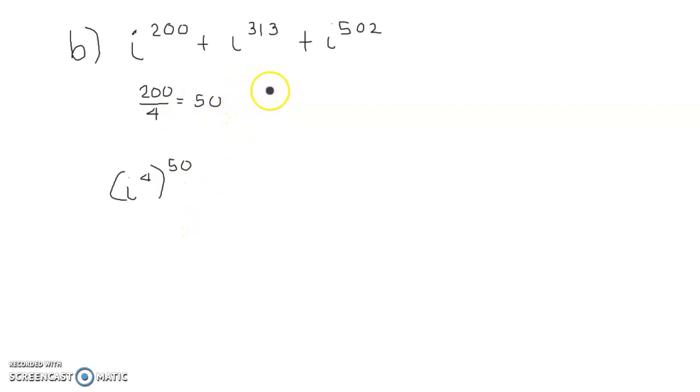How about 313? 313 divided by 4 is equivalent to 78 and 1/4.